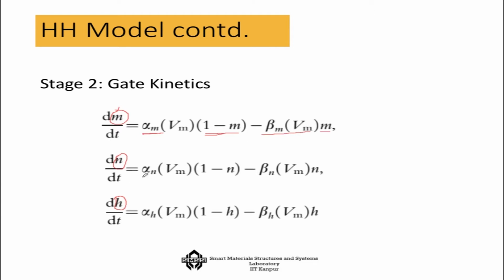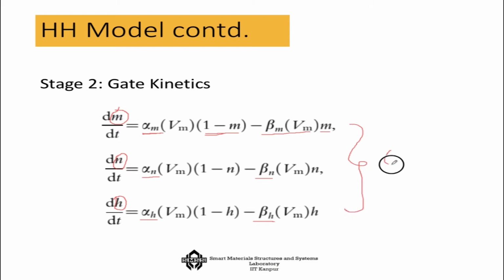Similarly, for the N gate you need alpha N, beta N, and similarly for the H gate you need alpha H, beta H, which means in order to solve this you need to have the 6 sets of coefficients. So these are 3 pairs.